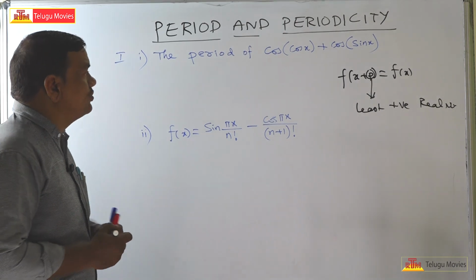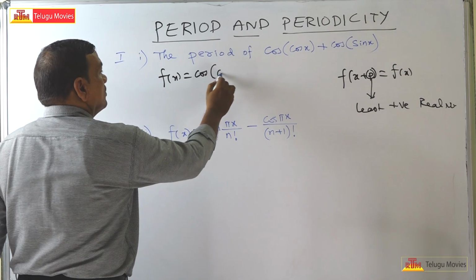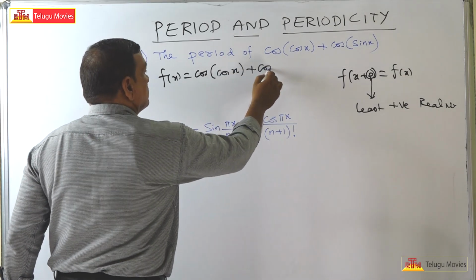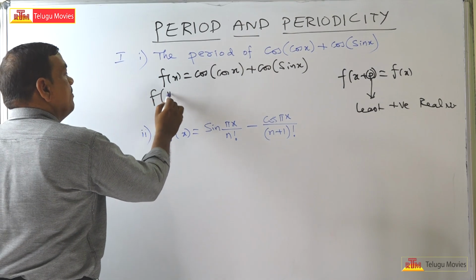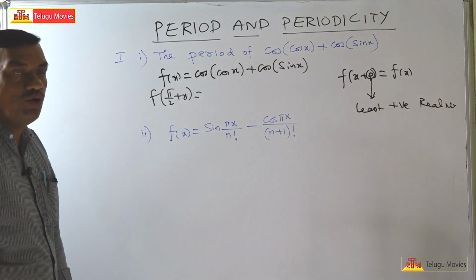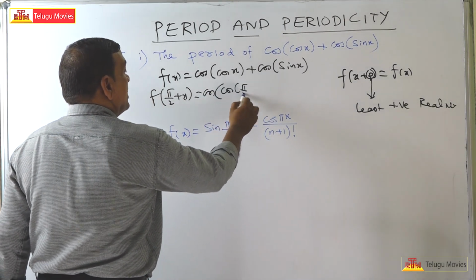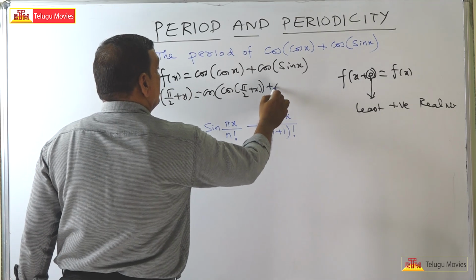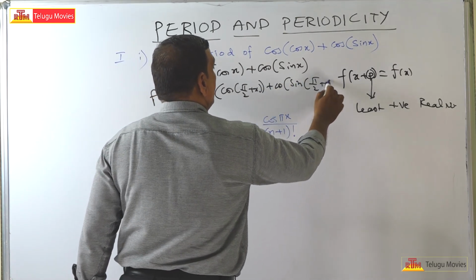Then what will we substitute here? See here, f of x is equal to cos x plus cos of sin x. So here, substitute f of pi by 2 plus x. Wherever x is there, substitute pi by 2 plus x. So this is equal to cos of pi by 2 plus x plus cos of sin of pi by 2 plus x.